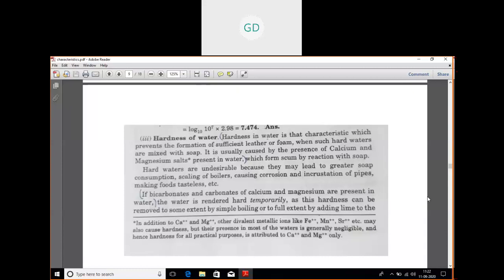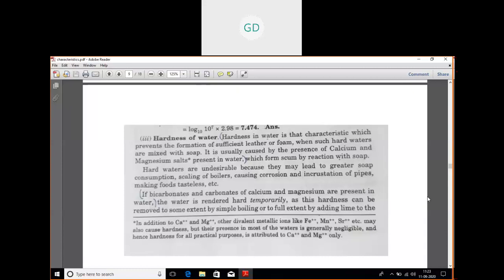What causes hardness is the presence of calcium and magnesium salts. When calcium and magnesium salts are present, your water is said to be hard. Also, there are two types of hardness.